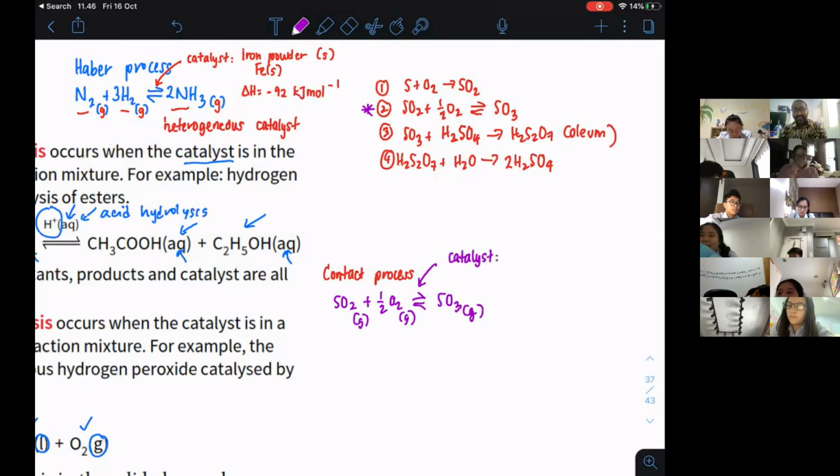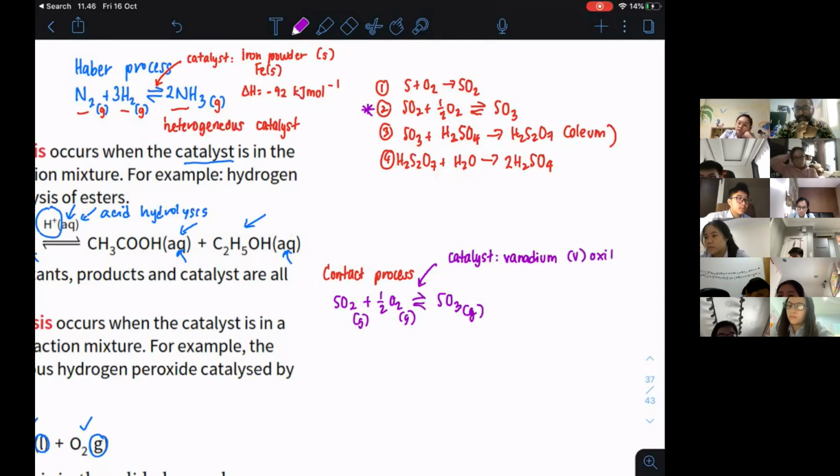So can you tell me what is the catalyst that we use for contact process? Maybe Justin, what is the catalyst we use for contact process? Vanadium oxide. Again? Vanadium oxide. Yes. Or to be exact, it is vanadium 5 oxide.